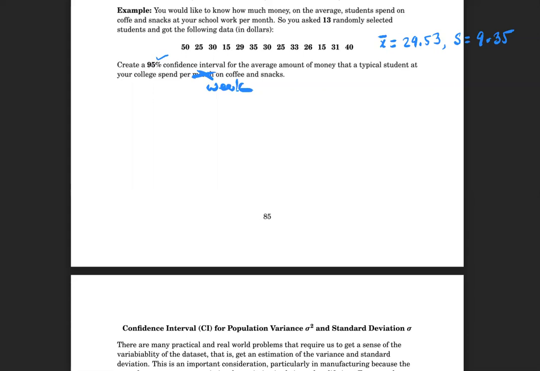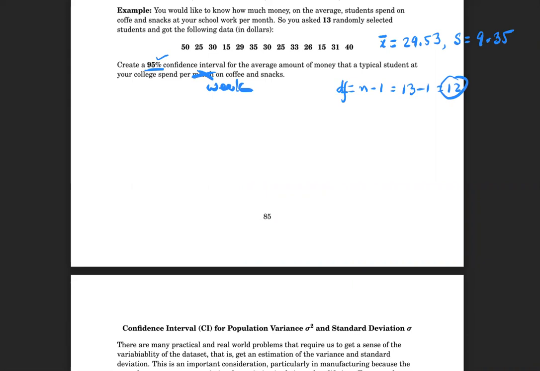Now we don't know the population standard deviation, so we are going to be using the student t distribution, and my alpha is 1 minus 0.95, so alpha over 2 is 0.025. I have done it many times, so no reason to do it again. And my degrees of freedom, how many data points do I have? 13. So 13 minus 1 is 12. So my degrees of freedom is 12.